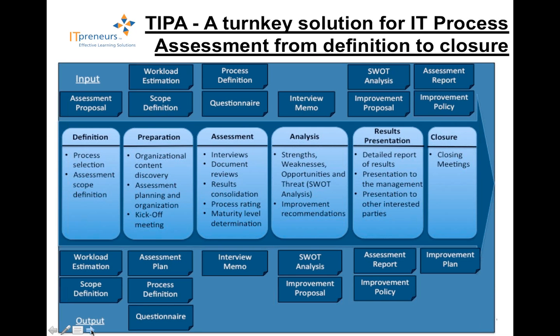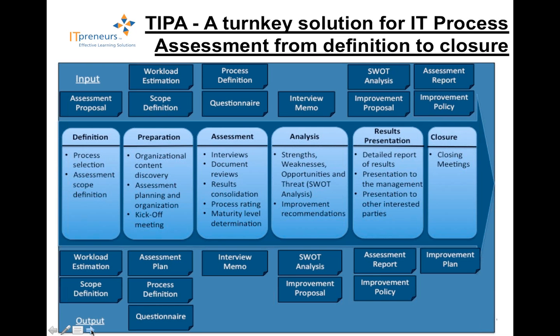At the top you have inputs and at the bottom we have outputs. These inputs are tools that we will be using in order to work with each of the activities within each of the phases. The outputs are what we will be producing, per se. So in the definition phase, we have the assessment proposal that is there with our client or internal to our organization.